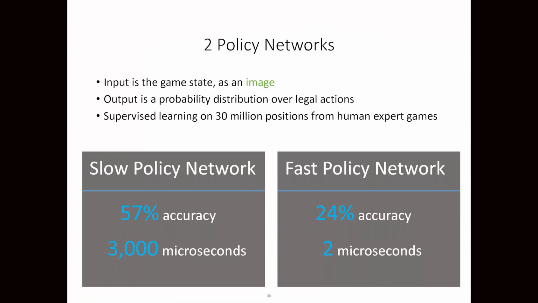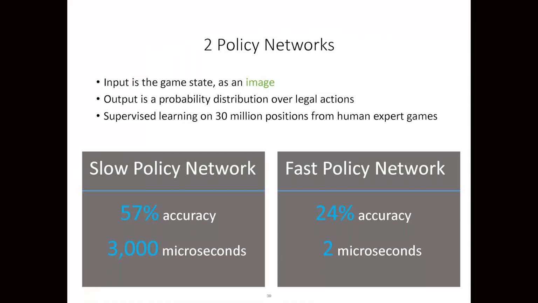The idea is that if a move has a higher probability, it'll be a more promising move for you to take. But another key point is that it's not deterministic. It's not telling you to take this move, it's just assigning a higher probability to it. And this network was generated by doing supervised learning on 30 million positions from human expert games.